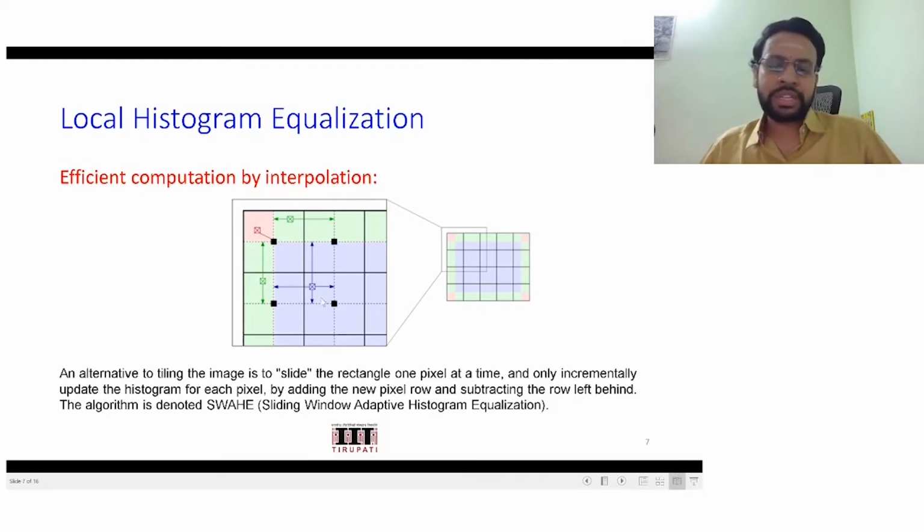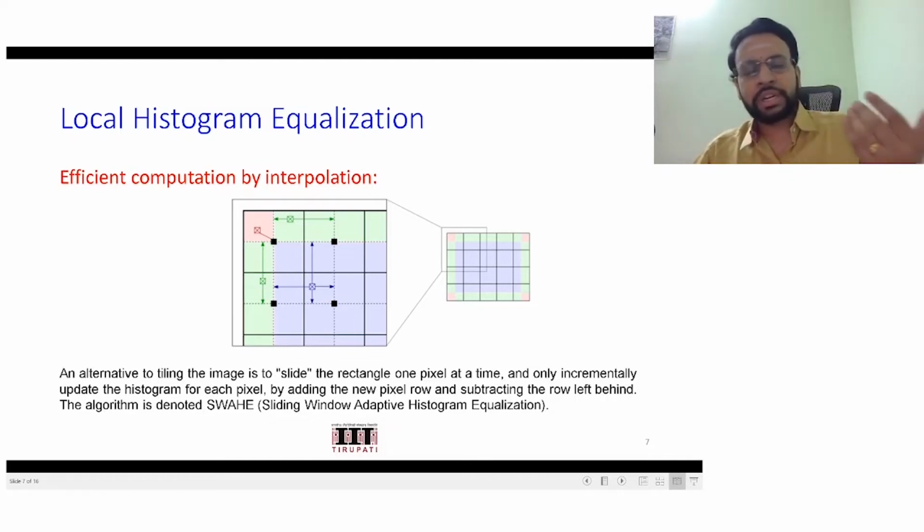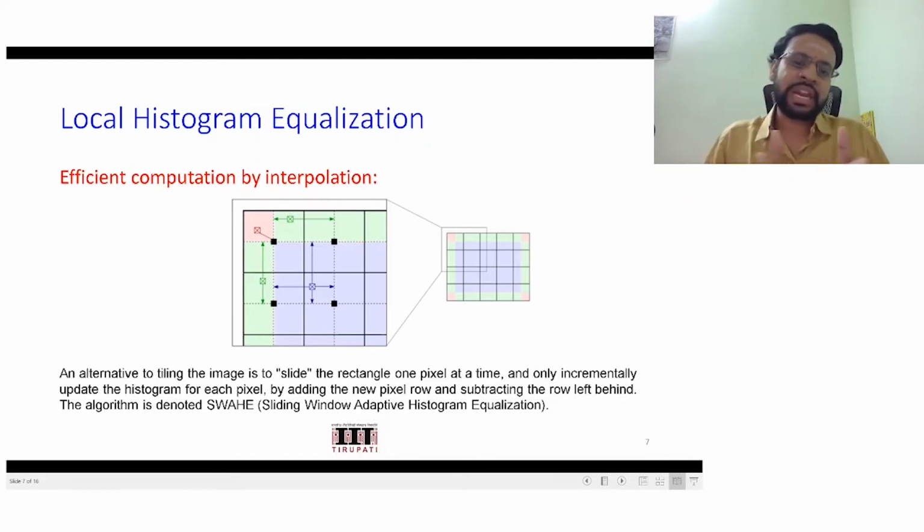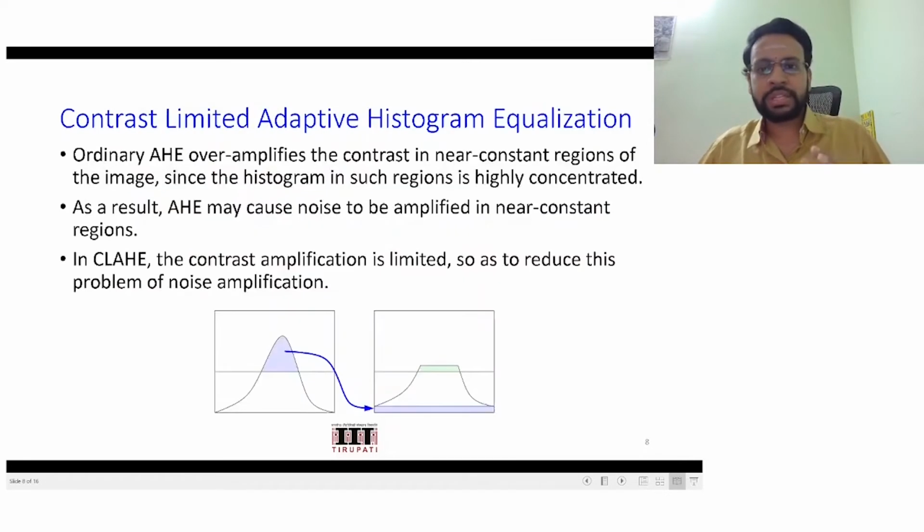Anyway, this is one of the many possible implementations for computing the local histogram equalization. But for your implementation, what I mentioned, which is usually referred to as sliding window adaptive histogram equalization, is good enough. Hope it is clear.